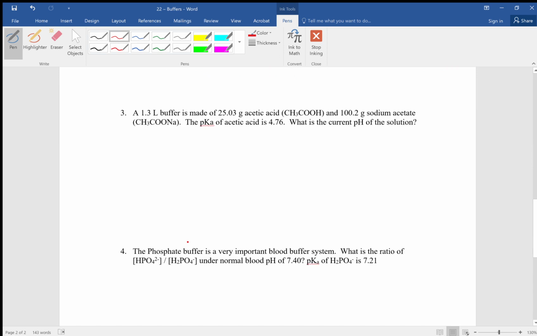All right, question 3 is a similar type of problem, but in question 3, we also have to calculate the concentrations. So we can do that for each of these. The concentration of acetic acid: we take the amount we have, 25.03 grams, times 1 mole over its molar mass.